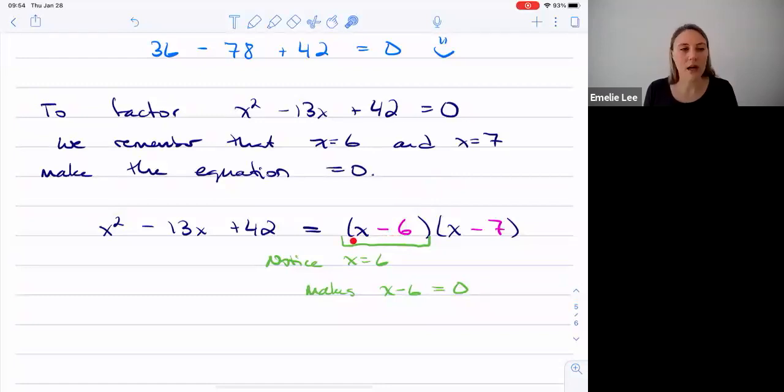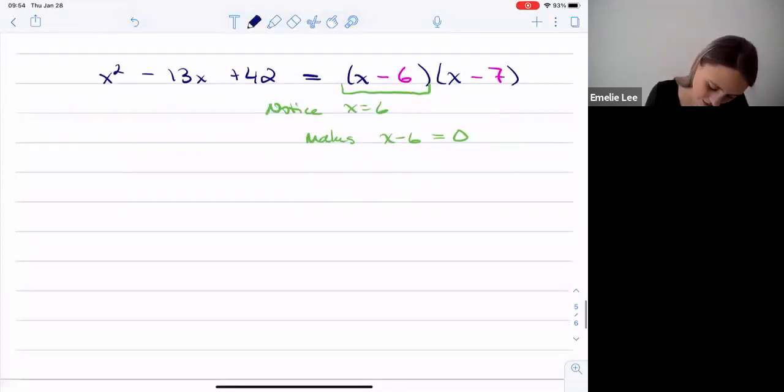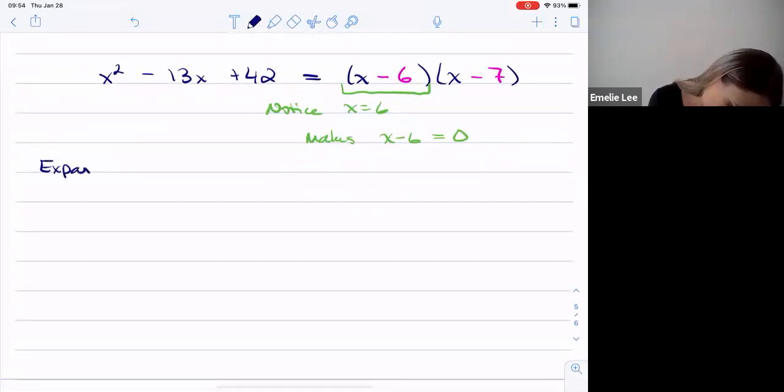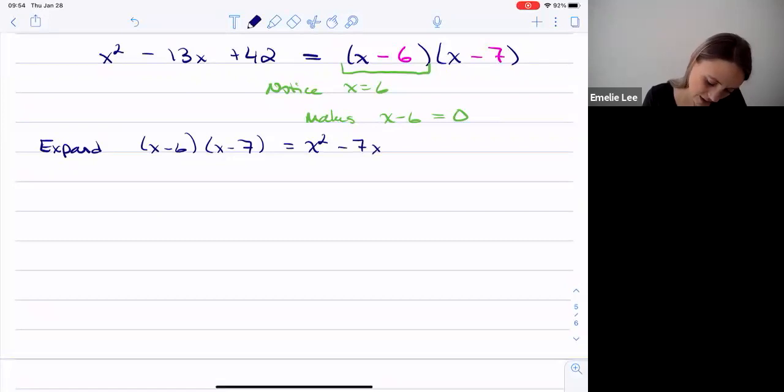Let's see here. When I expand this out, expand x minus 6 times x minus 7, that's x times x, which is x squared, x times -7 is minus 7x, -6 times x is minus 6x, and then -6 times -7 is plus 42.